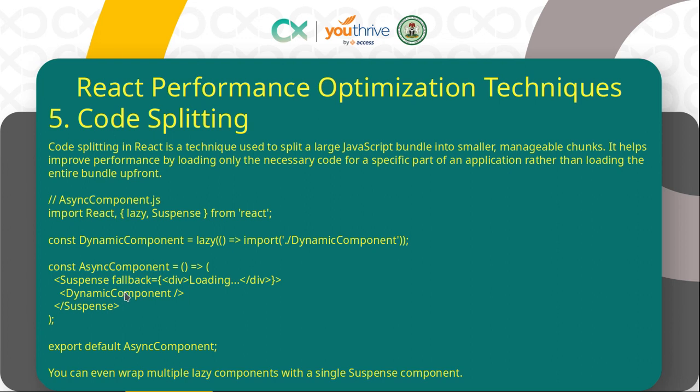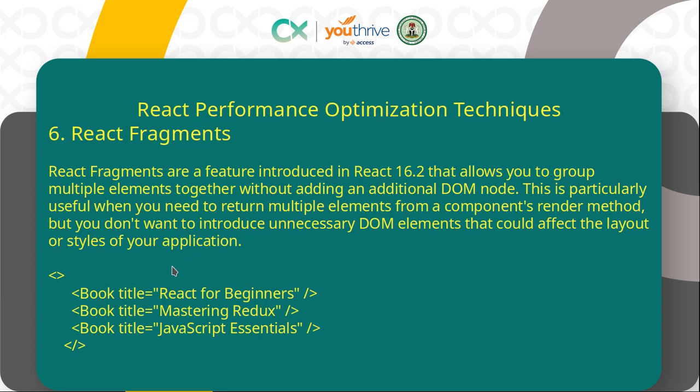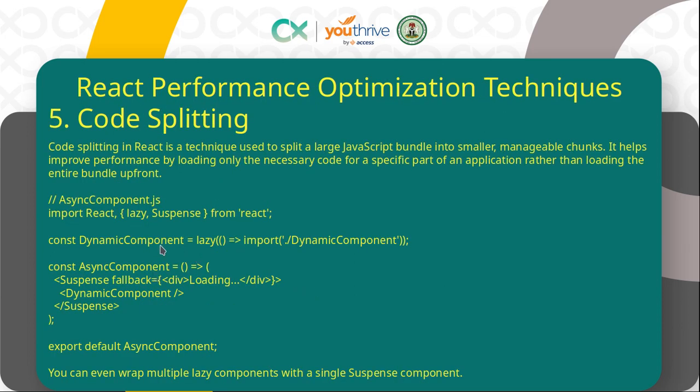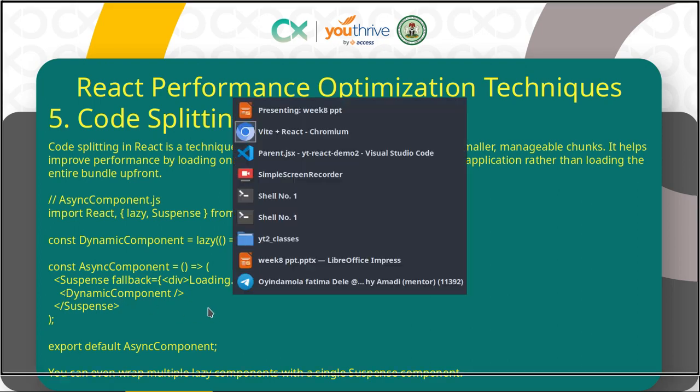So how we are going to apply this to our project is this: we are going to make sure that all our route pages, we import them as lazy load components first. Then inside our Suspense, we are going to put our routes here. So this will be represented by our routes page. So let me show you that.